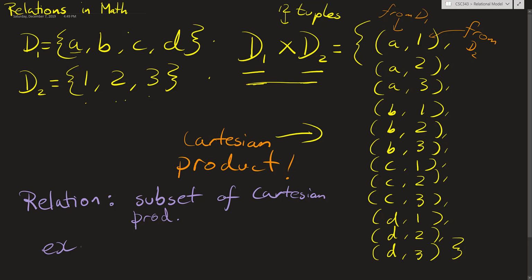So for example, a relation for this Cartesian product in particular might be the subset with b comma 2, c comma 3, and a comma 3. That might be one subset of a Cartesian product that we can define as a relation. So a comma 3, b comma 2, and c comma 3.